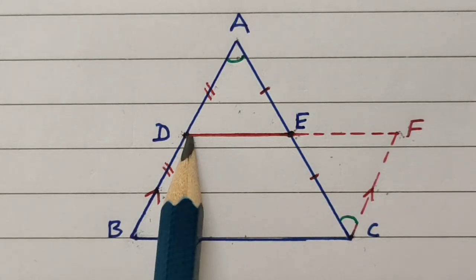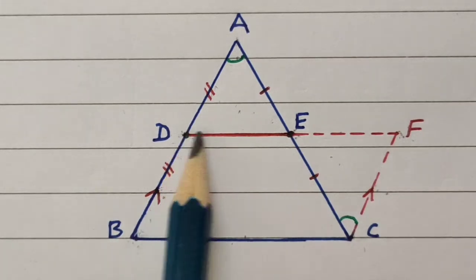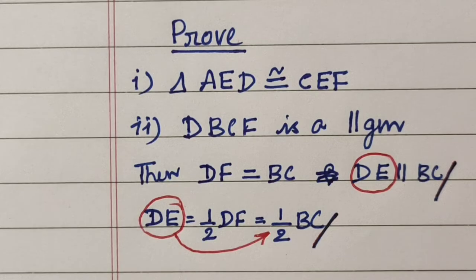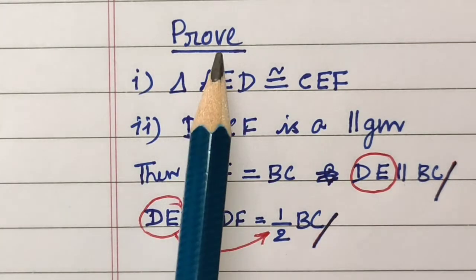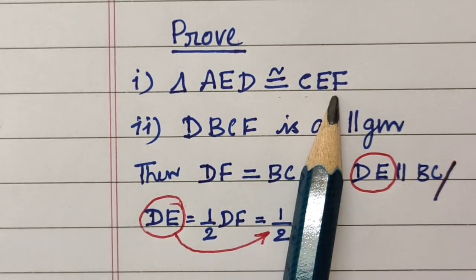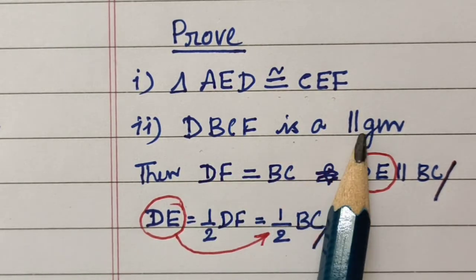First we proved DE is parallel to BC. Next we proved DE is equal to half of BC. This is how we achieved it. First we proved triangle AED is congruent to ECF. Then we proved DBCF is a parallelogram.